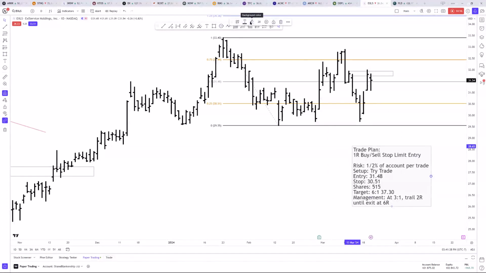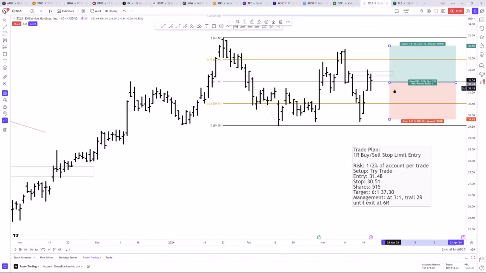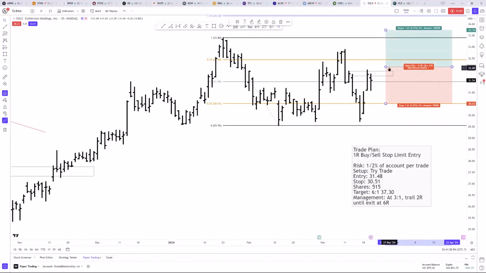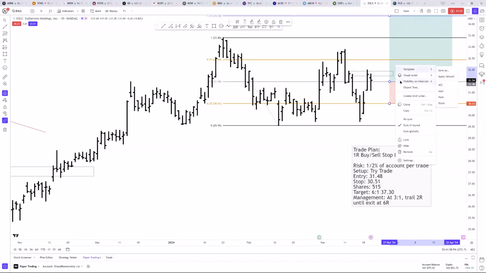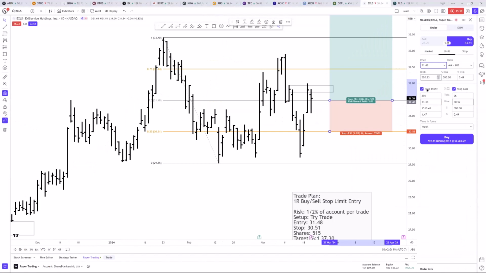Place our order. So I'll use this risk reward tool. We'll just set it up for a good visual. So notice I'm not trying to win. I'm trying to work on my discipline and my consistency. Winning comes out of that.